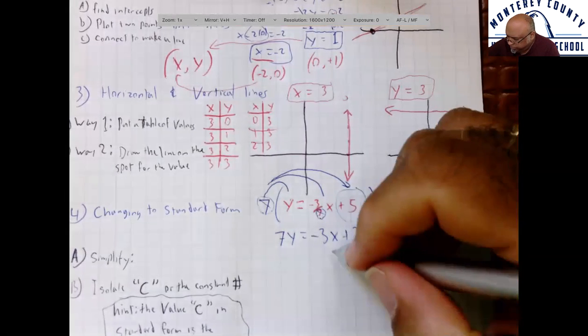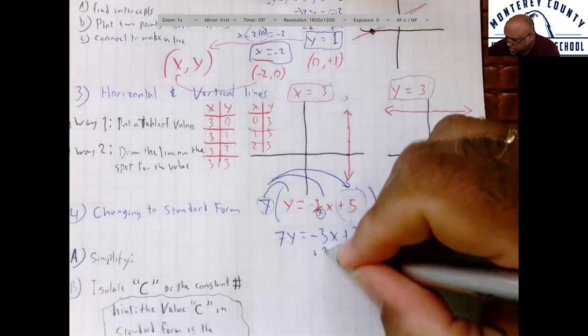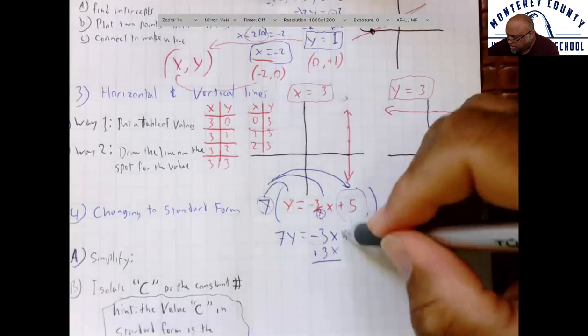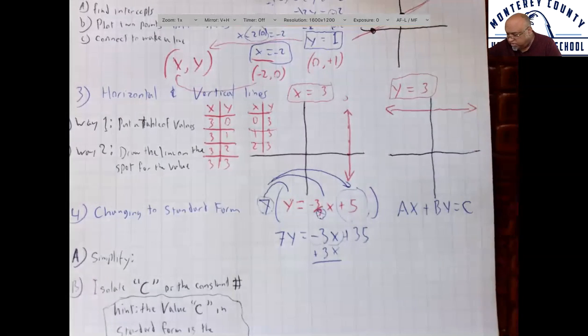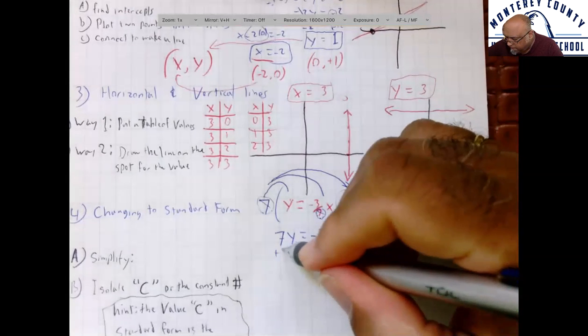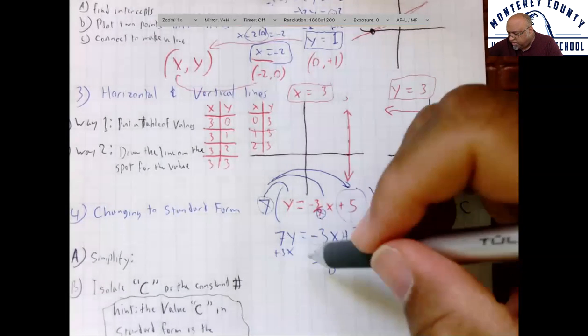Now, what I want to do is I want to add 3x to both sides. Now remember, you can add or subtract an entire term if you need it to be in a specific spot in your equation. So I have 7y plus 3x.